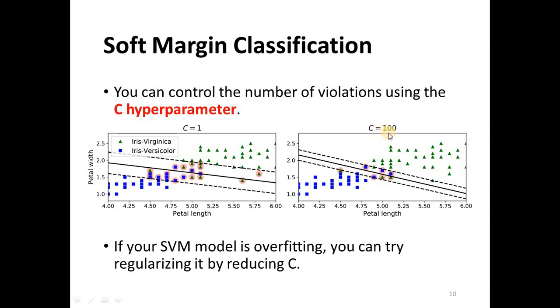When C is increased, the margin decreases and the number of violations decreases. Usually, if you have overfitting, then use smaller C, and if you have underfitting, use larger C. If your SVM model is overfitting, you can try regularizing it by reducing C.